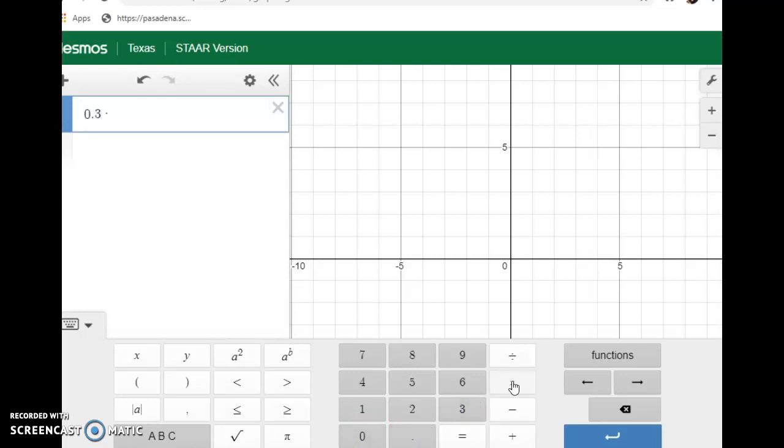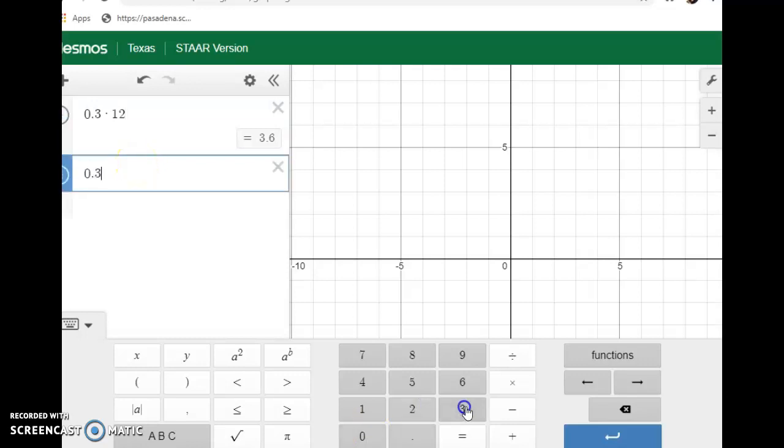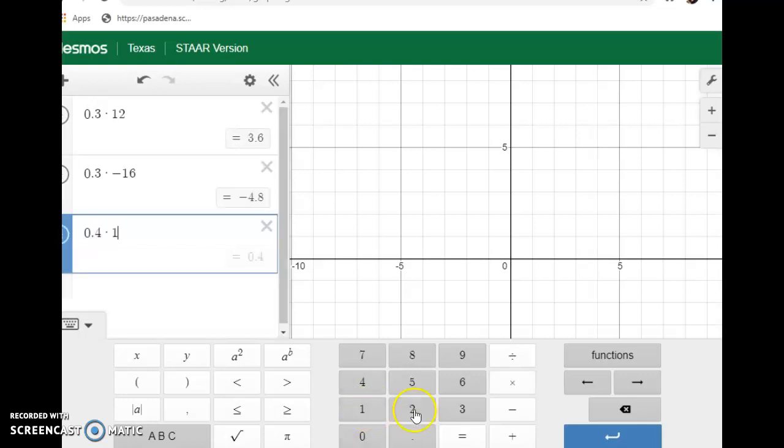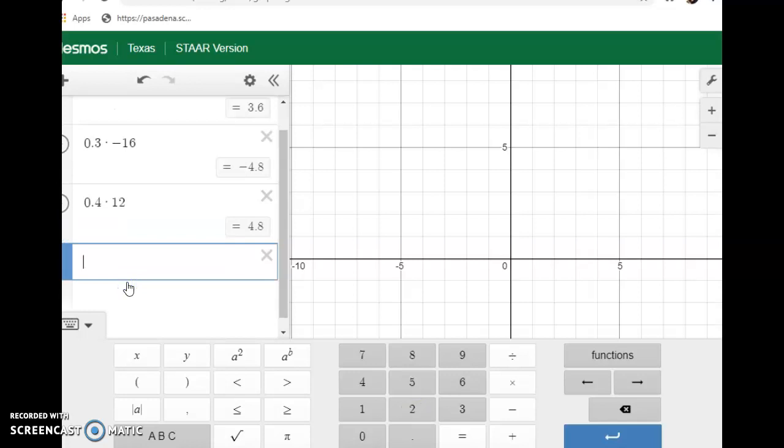0.3 times 12, okay, 0.3 times negative 16, and then on the other side, we are multiplying 0.4 times 12, and we are multiplying 0.4 times negative 3. Okay, so those are going to be your answers. Let's go ahead and write those down.